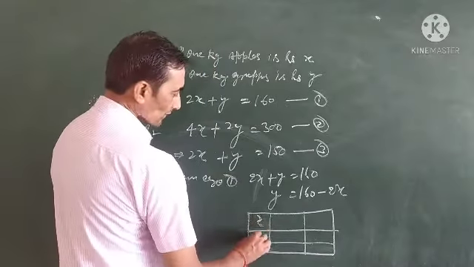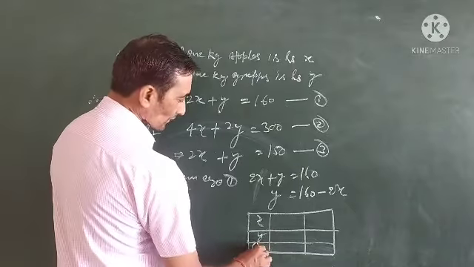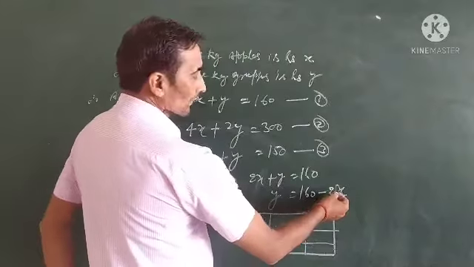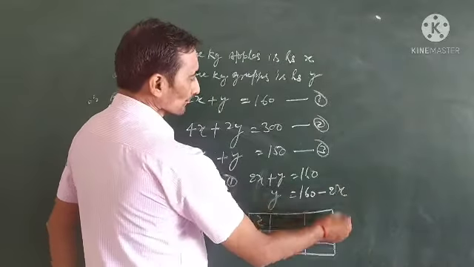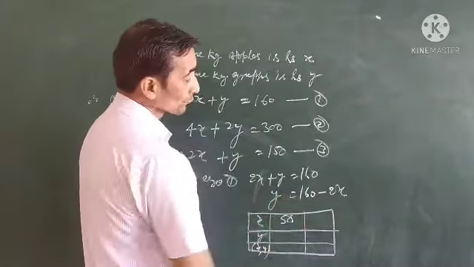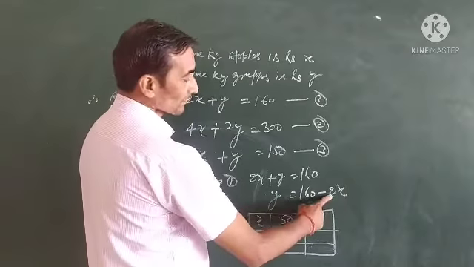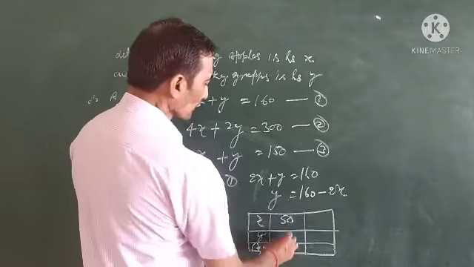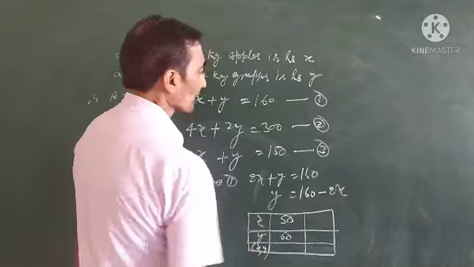Suppose that x, y, here is x, y. Let x equal to 50. Then 50 twos are 100. 160 minus 100 equal to 60.